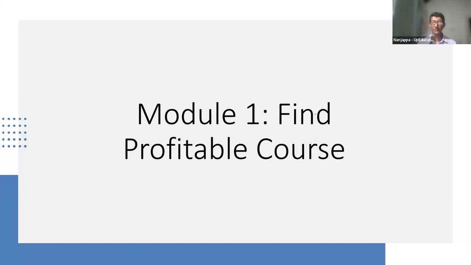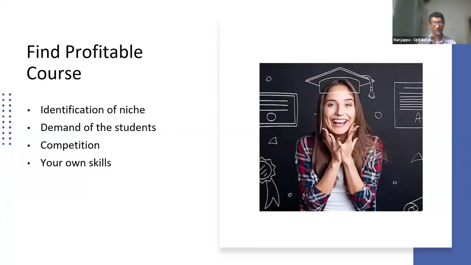Now, module 1, that is, or the step 1, is to find a profitable course. Now, with this, I would suggest you to identify your niche. Now, what is a niche? So a teacher who is handling the higher age group students, say maybe 8th, 9th, and 10th, is very good at preparing students to take up the board examinations, right?